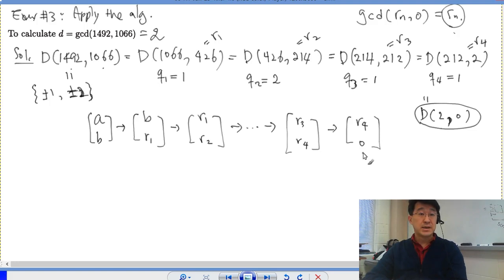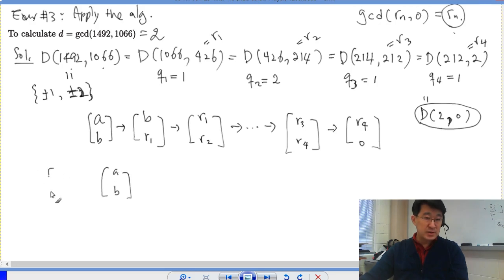If you see the column vector changing to another column vector, that is called a linear transformation. Yes, linear transformation.